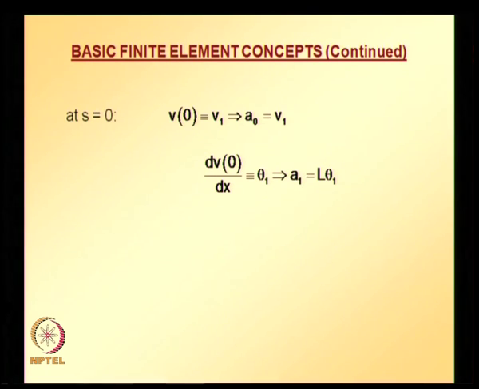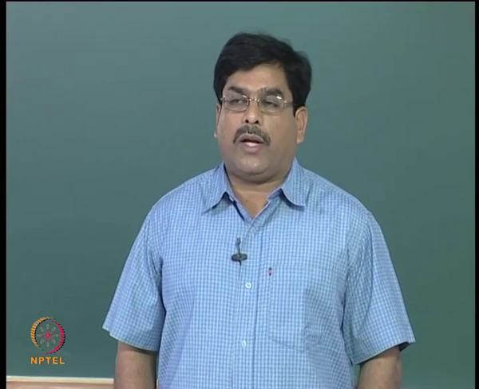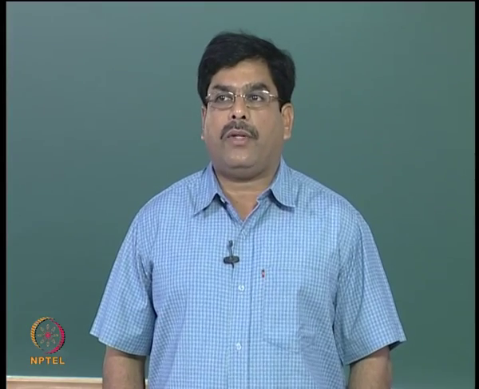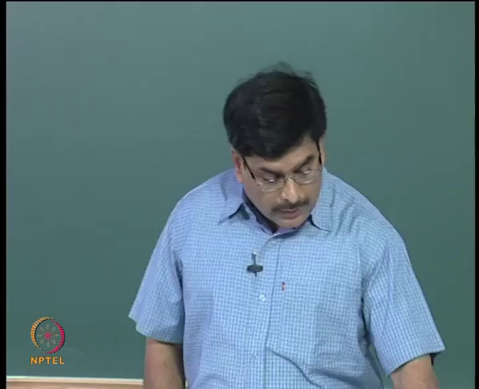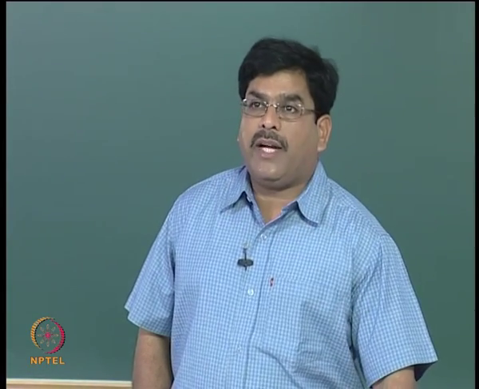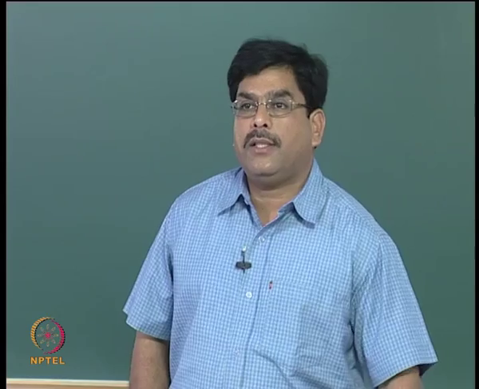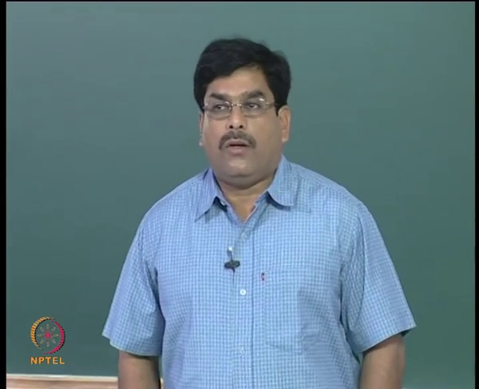So out of the unknown coefficients a0, a1, a2, a3, we already obtained a0 and a1 by these two equations. Now let us substitute the other condition, that at s is equal to 1, v is equal to v2.